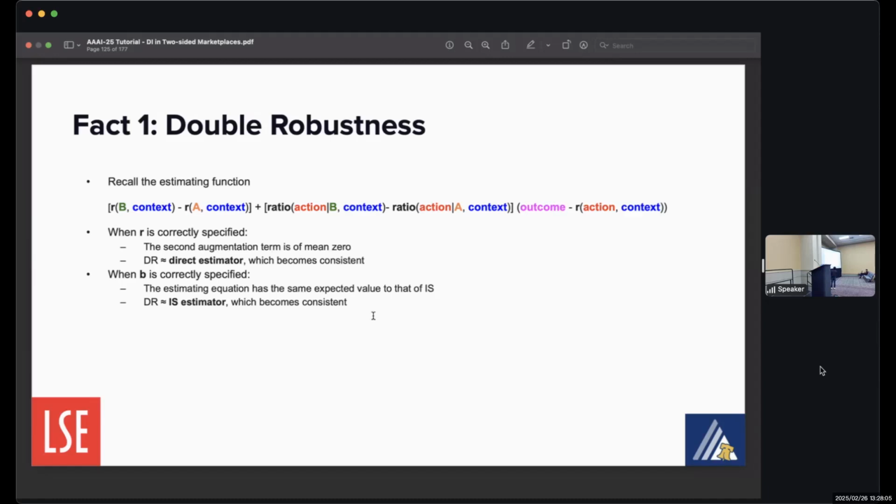But when the behavior policy is correctly specified, you can also show that the resulting estimator is asymptotically equivalent to the importance sampling estimator, which is again consistent when the behavior policy is correctly specified. This verifies the double robustness property of this estimator. It is consistent as long as either the reward function or the behavior policy is correctly specified.